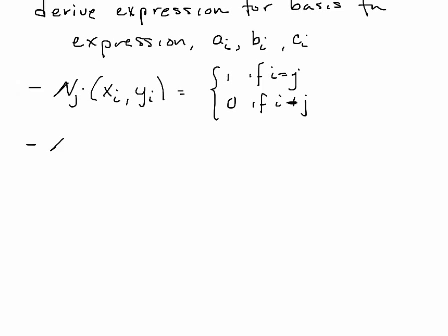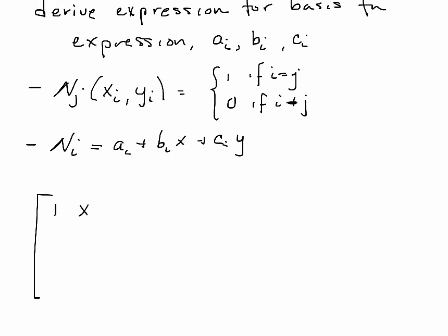We combine that with n sub i equaling a of i plus b of i x plus c of i y. And when we combine those two, we can set up a system of equations to solve for our a of i, b of i, c of i.